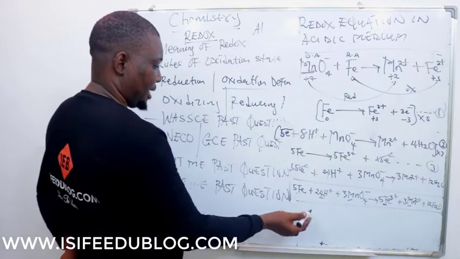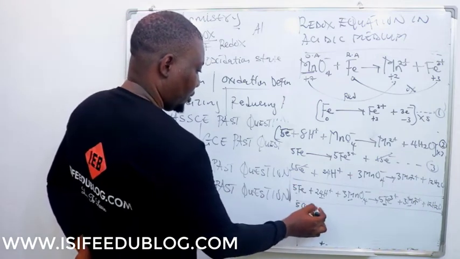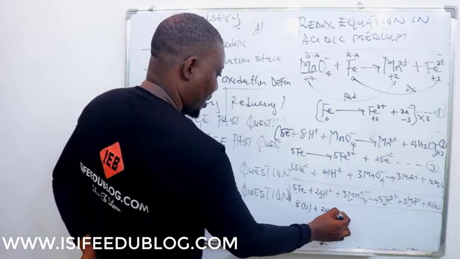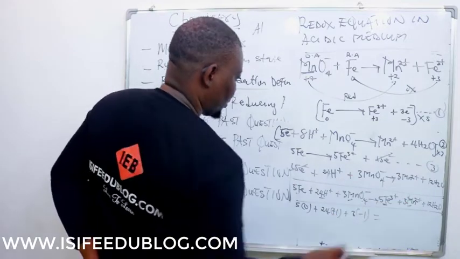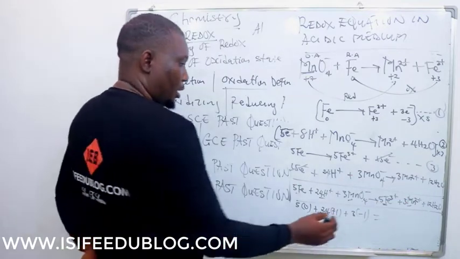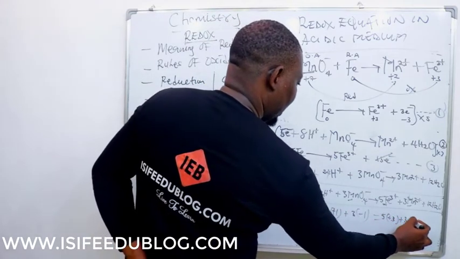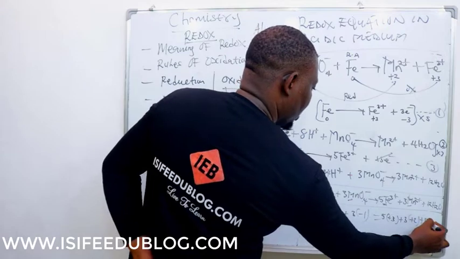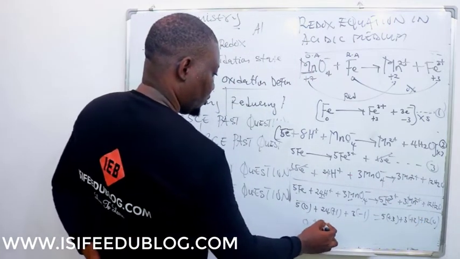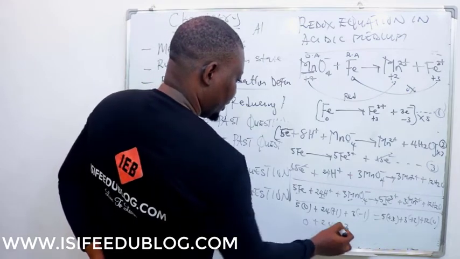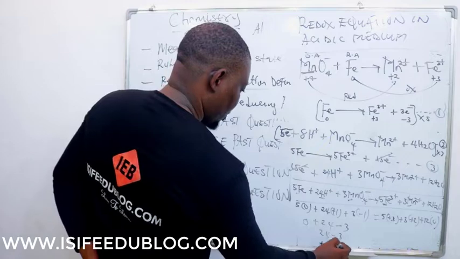Let's check the ionic charge. Iron here is 0, multiplied by 5, plus 24 multiplied by 1, plus 3 times minus 1, and this equals 5 times +3, plus 3 times +2, plus 12 times 0. 5 times 0 is 0, plus 24, minus 3. 0 plus 24 is 24, minus 3 is 21.